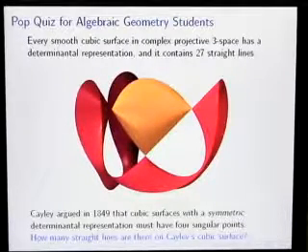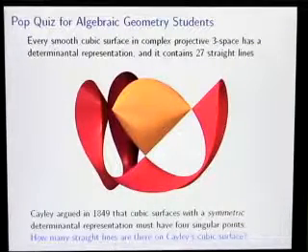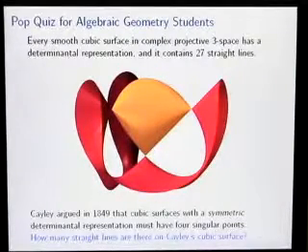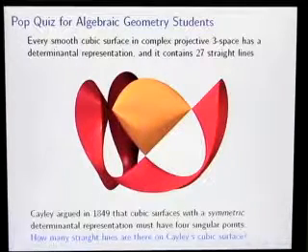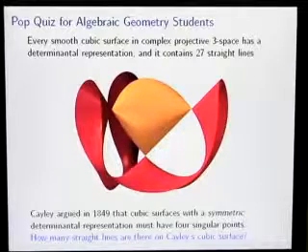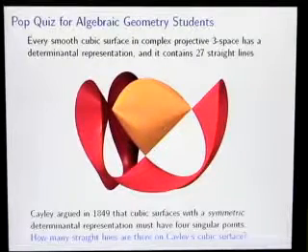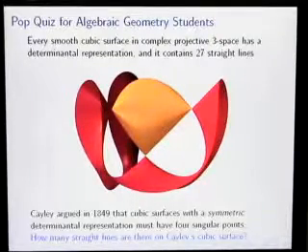Now, writing down these straight lines is intimately connected to the determinantal representation of the cubic polynomial. Essentially, every cubic polynomial in x, y, and z can be written as the determinant of a 3x3 matrix of affine linear forms, and knowing that matrix means knowing the 27 straight lines.